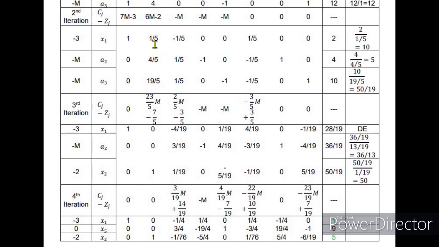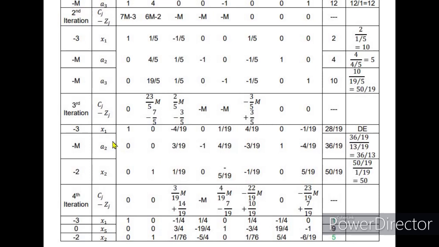Then when we subtract 1/5 by 1/5, it is 0. So you will do that again to all the elements here up to RHS to rewrite x sub 1. So now, after you rewrite all the rows, the next step is to compute the Cj minus Zj.